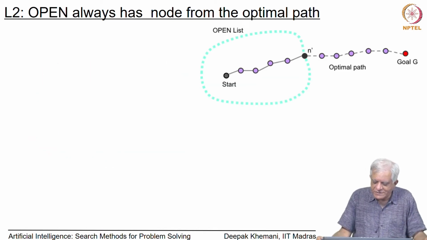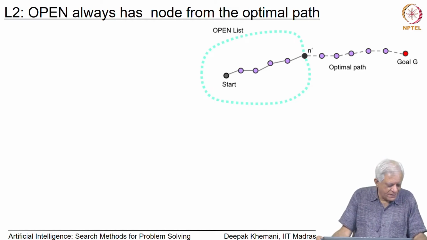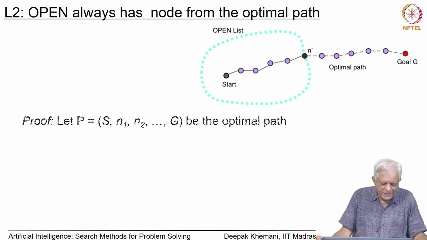So, this is a situation: you have the open list and you have an optimal path, and we want to state that there is always a node from the optimal path on open. So, let the path be called S followed by n1, n2, n3 and so on, and let G be the last node in this optimal path.